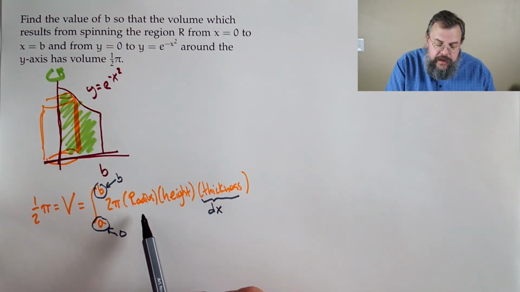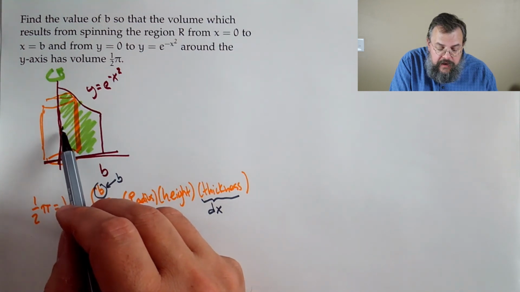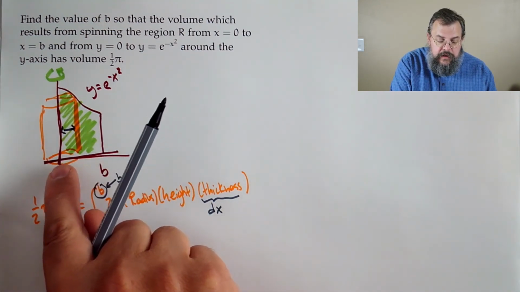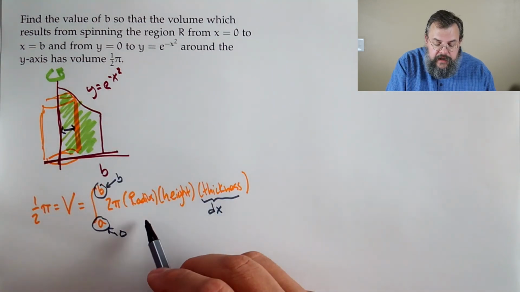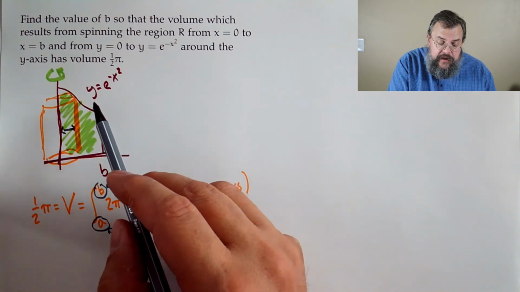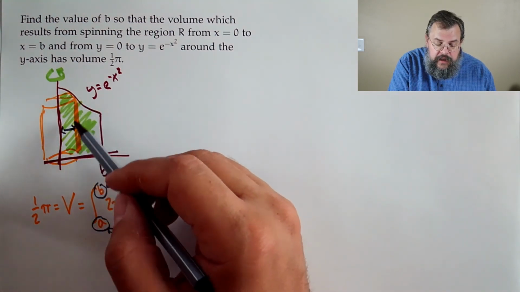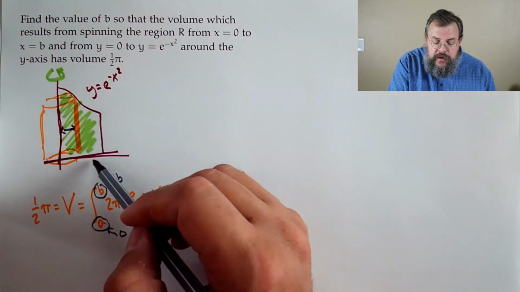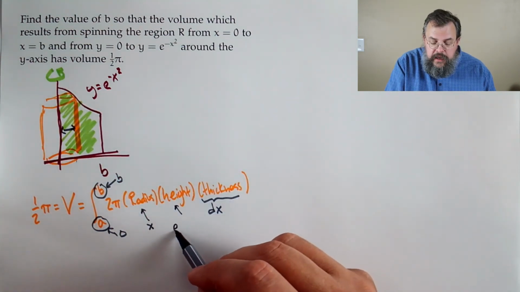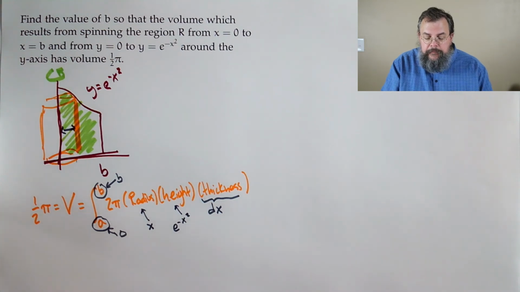But that's what we're trying to figure out. All right, how about our radius? Well, that's our distance to where we spin around. So we're going from x over to 0. So the radius is x. How about the height? The height is this length up and down. So we're going from 0 up to that curve. So that would be e to the minus x squared.